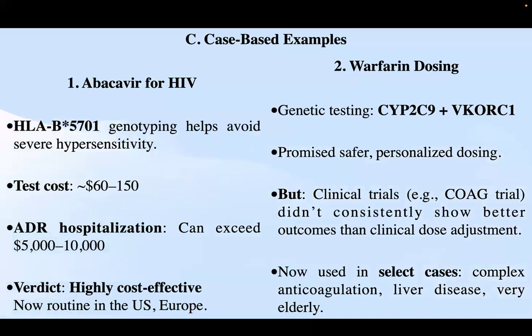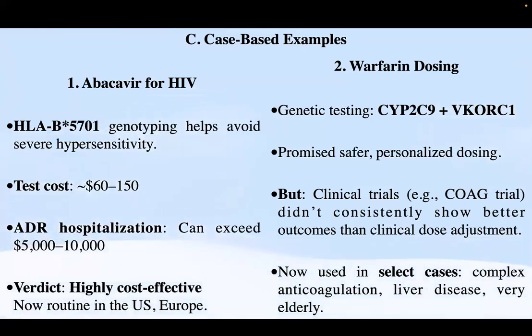But clinical trials, for example COAG, didn't consistently show better outcomes than clinical dose adjustment, so nowadays it is used in selected cases only. If you observe, in ward rounds we see so many cases with warfarin, and not every patient goes for the CYP2C9 and VKORC1 test.